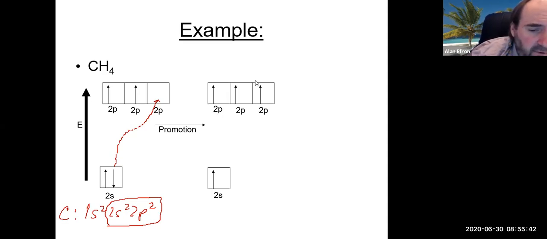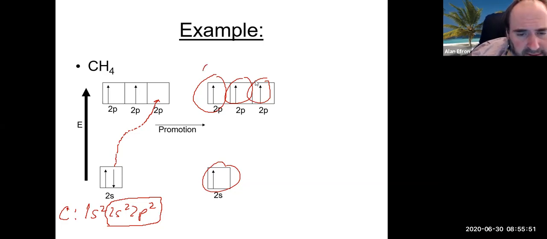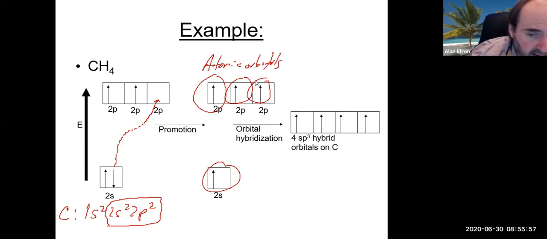And all 4 of these, 1, 2, 3, and 4, will come together. And since we're combining 4 atomic orbitals here, we will get 4 hybrid orbitals. And each of those hybrid orbitals, in this particular case, does have an electron in it.